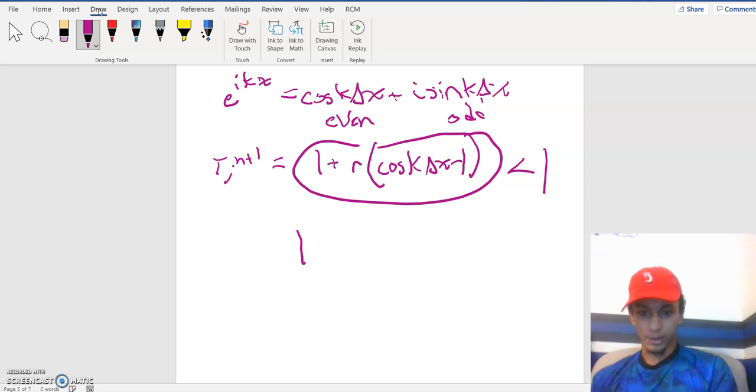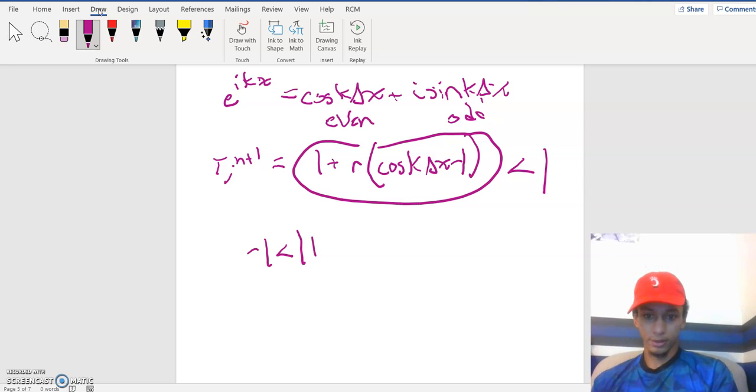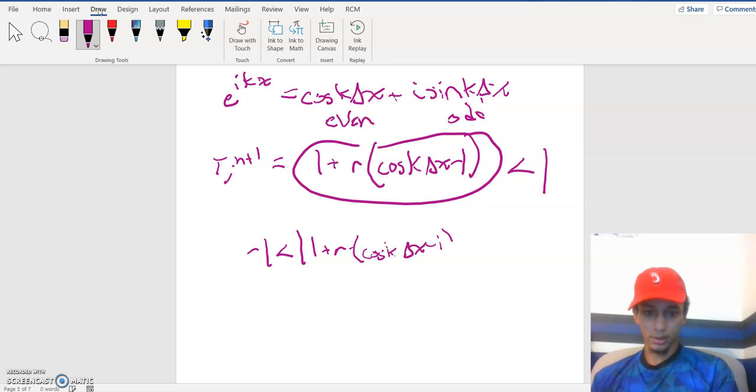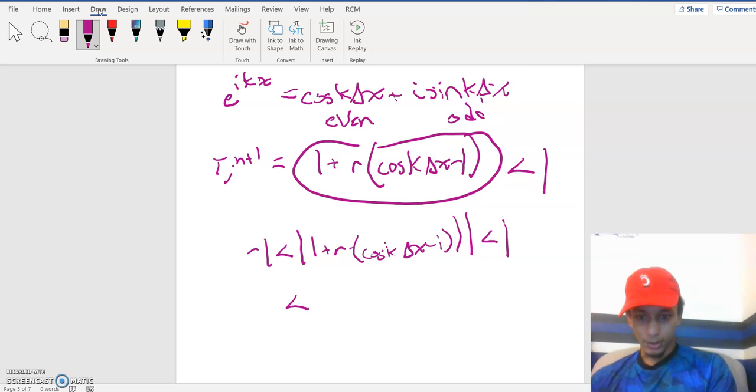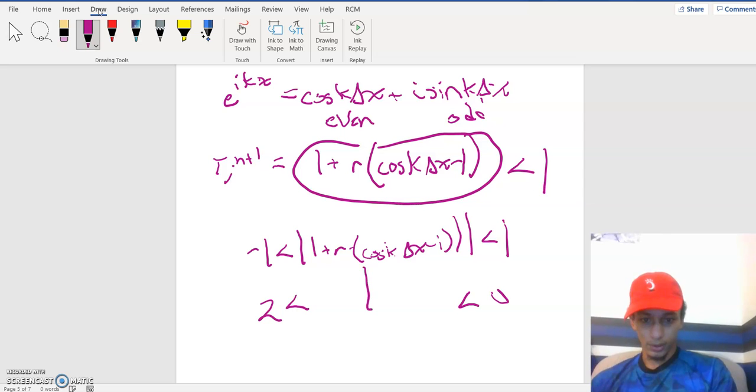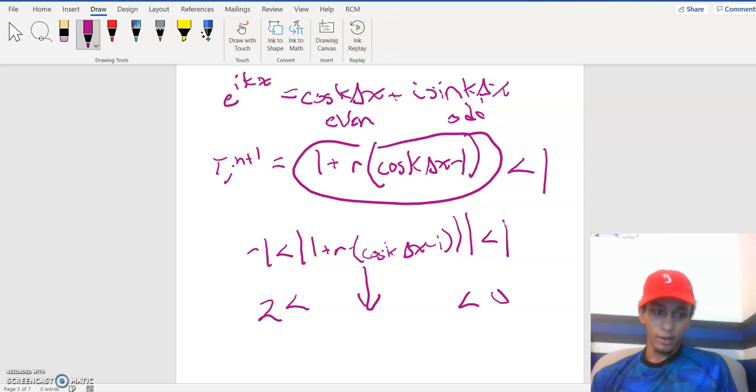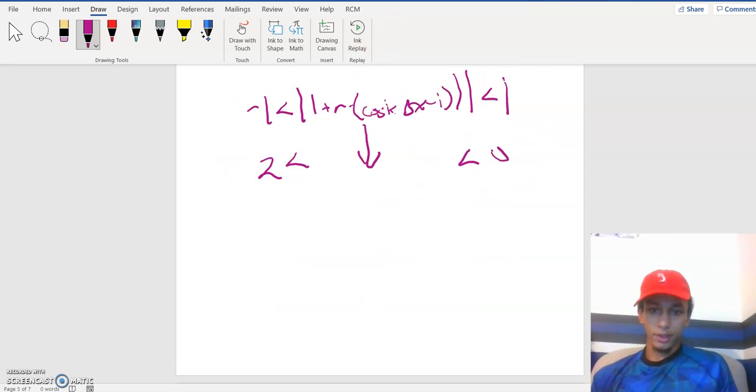So the absolute value of this is less than 1, meaning it's greater than negative 1 and less than 1. So we're going to subtract 1 from each side. I'm not going to waste the time drawing it.